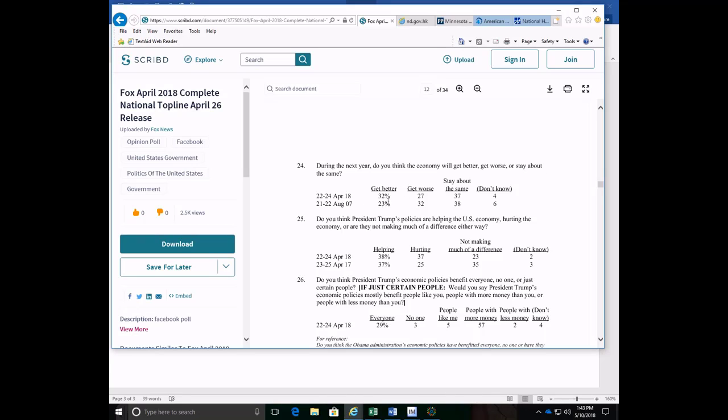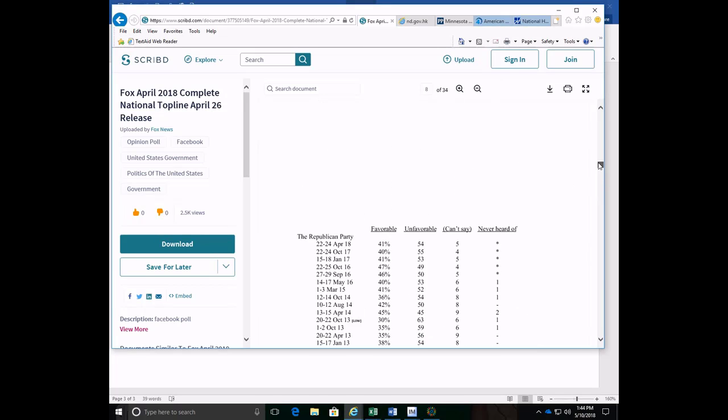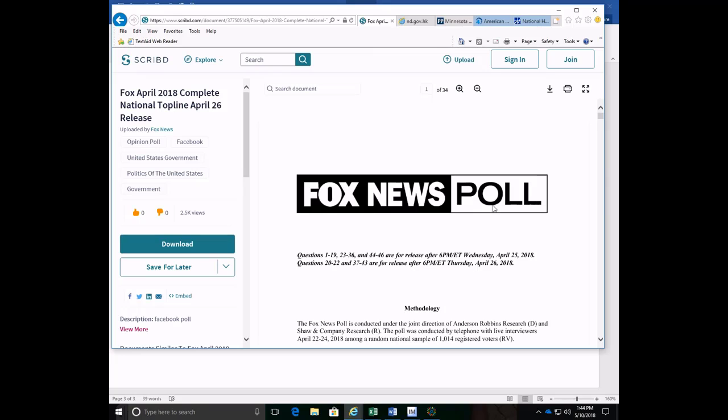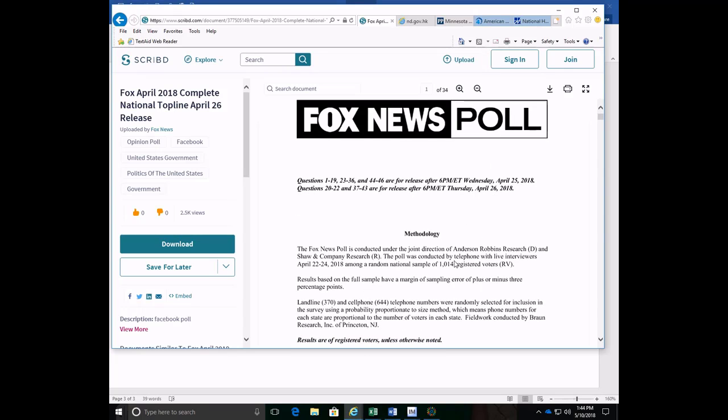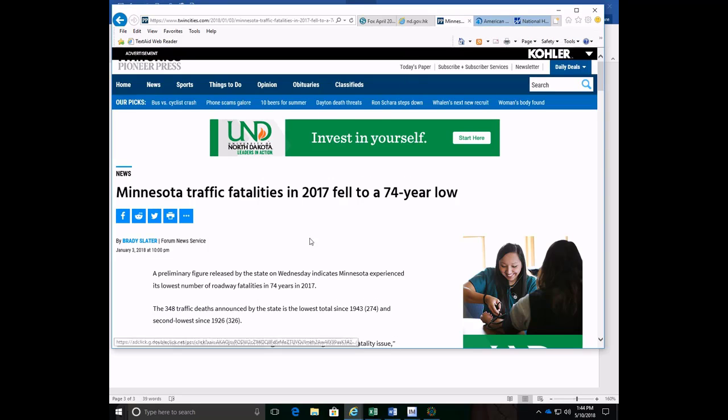If they report that 32% of registered voters feel that the economy will get better, all right, then we're making that conclusion about the population. The sample showed that 32% of that 1,000 said that the economy would get better. Okay, sample versus population.